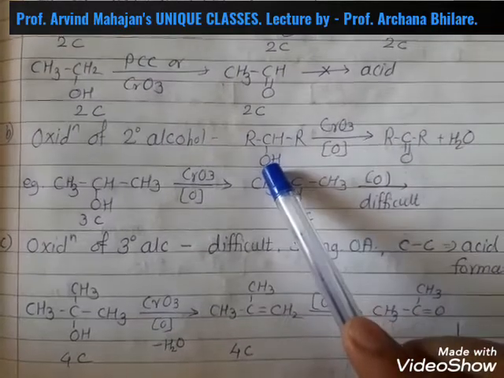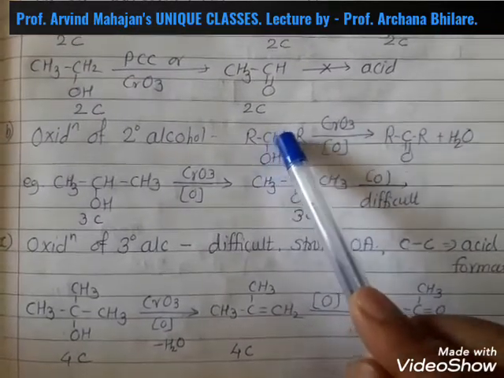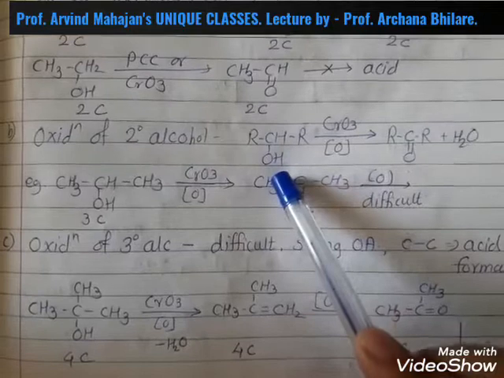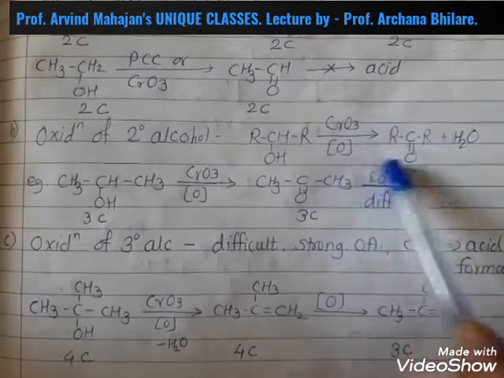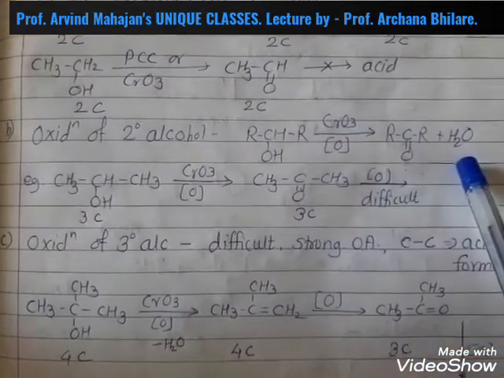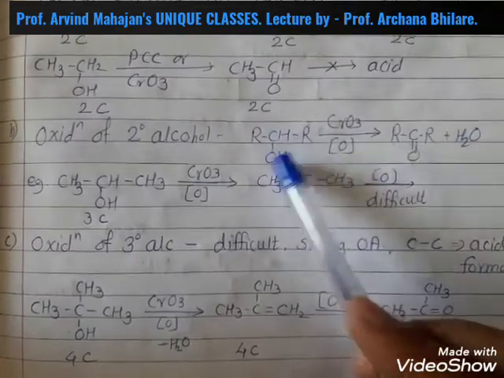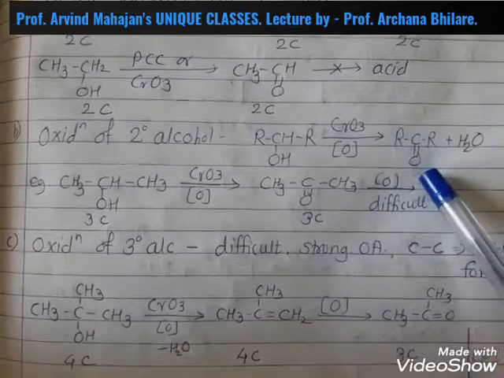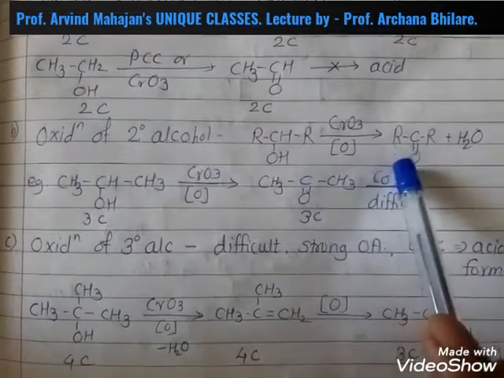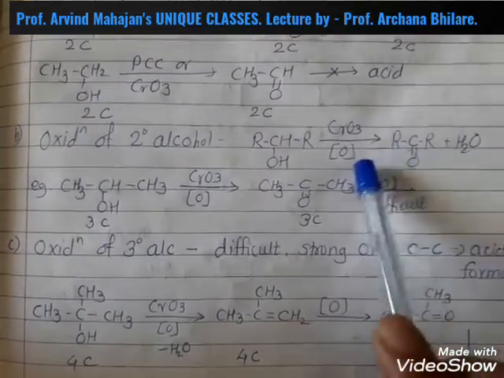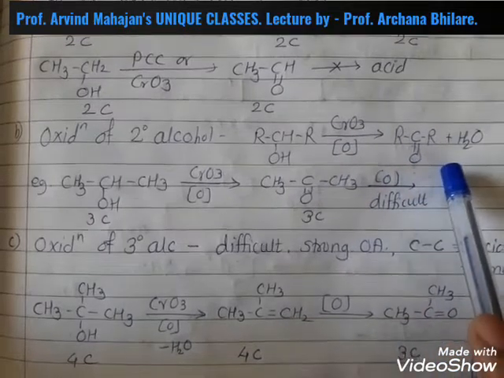So hydrogen of oxygen and one hydrogen of its neighbor carbon are both eliminated. They combine with oxygen and the byproduct formed is H2O. So a double bond is formed between carbon and oxygen. So we get the product as ketone, R C double bond O R.